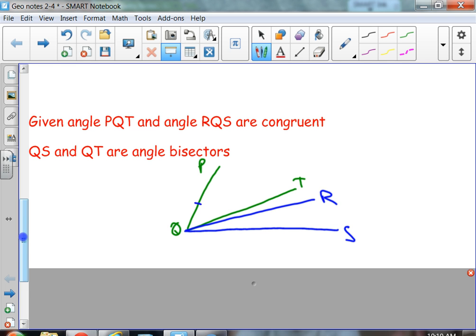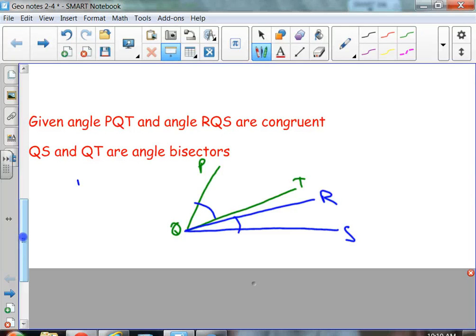So we know that this one is congruent to this one. Because those two are congruent, do we know that QT is a bisector? We're given that those two angles are congruent. Is QT a bisector of the whole thing?